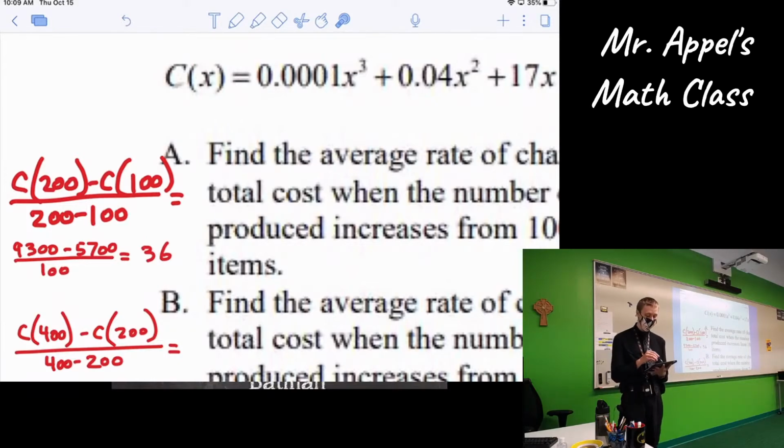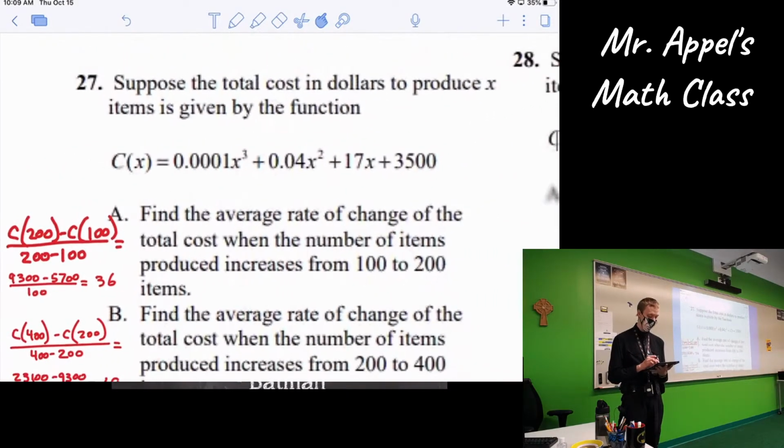What changed here was the function they gave us was much longer. It's now a cubic with a lot more zeros in the numbers. And they were really wordy with how they gave us the interval. Instead of just putting brackets from here to here, they had to explain in a whole sentence. Find the average rate of change when the number of items produced increases from 100 to 200.